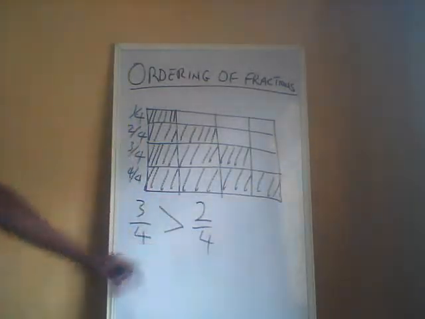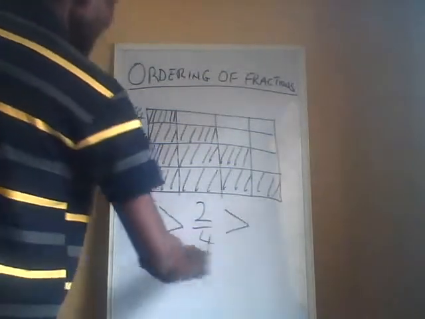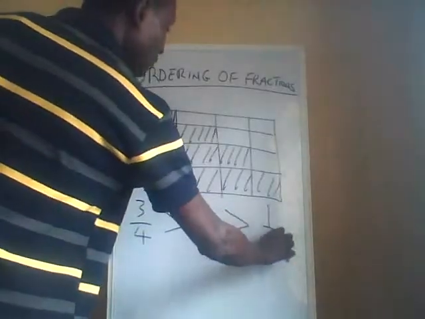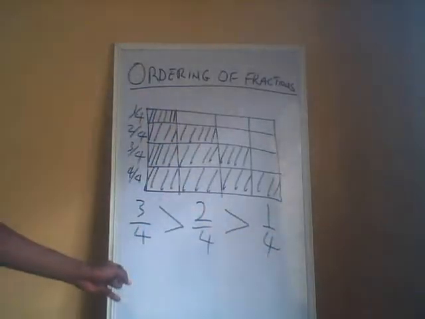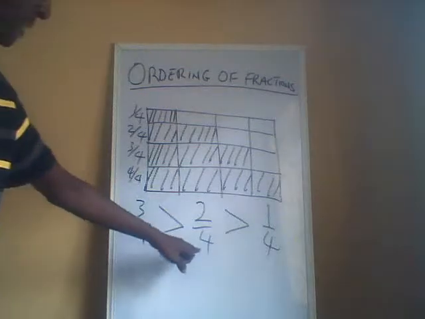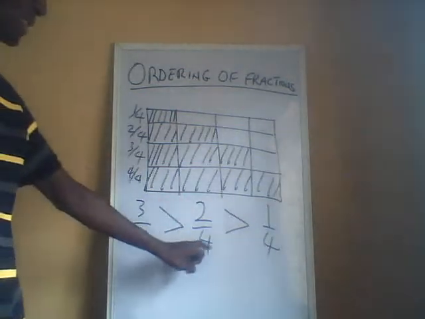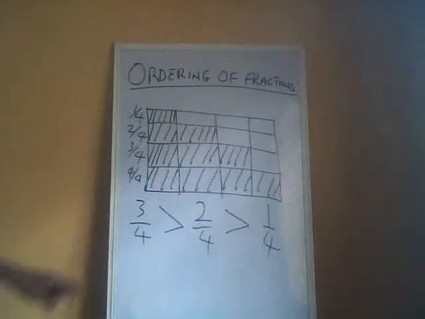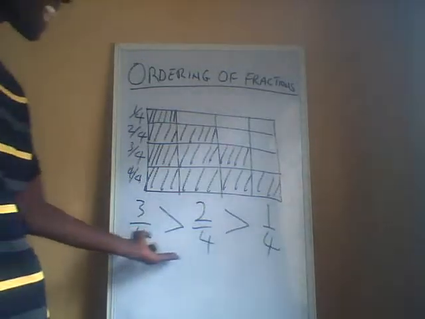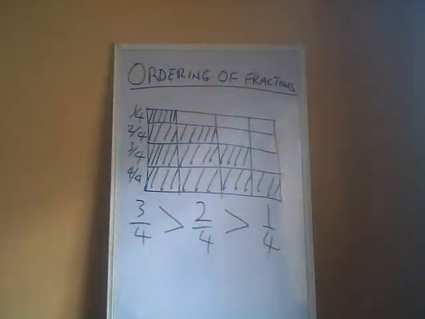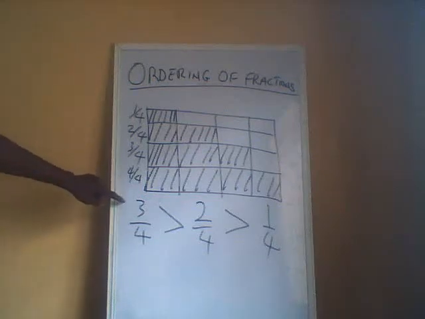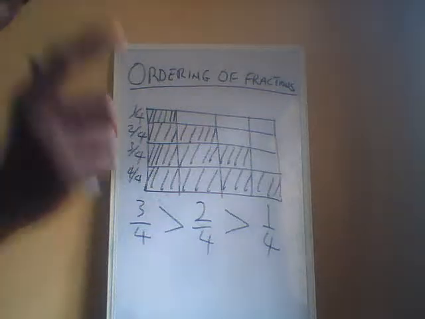And 2 out of 4 is now bigger than 1 out of 4. Now what is this telling us? Same denominators. When fractions have the same denominator, the fraction that has the biggest numerator is the biggest fraction.